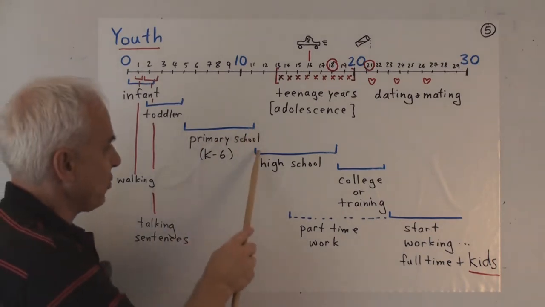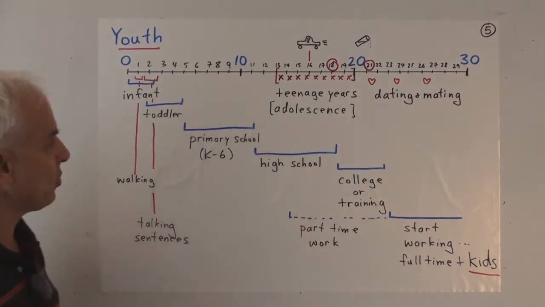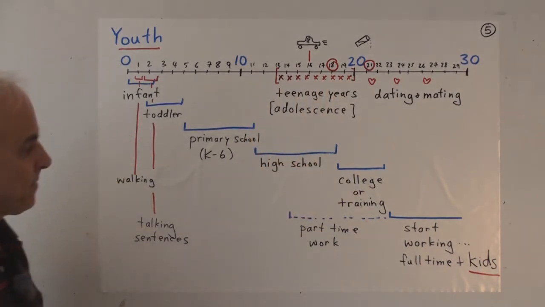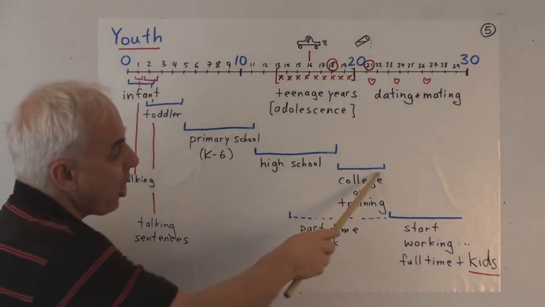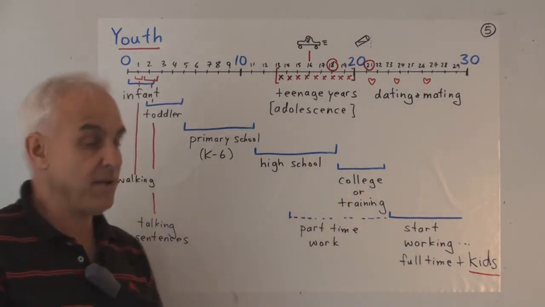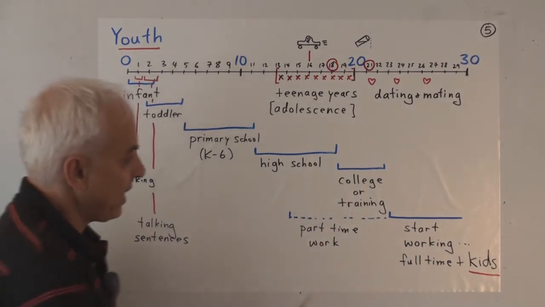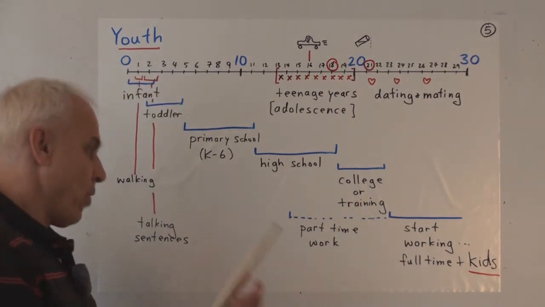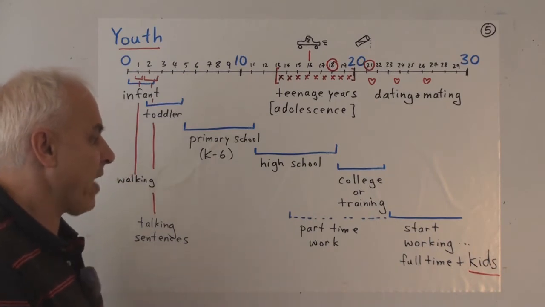And then after primary school, well, generally there's high school, maybe lasting from 11 to 12 up to the late teens. And then there's perhaps college or some kind of training. And then at some point here, it's starting to become more ambiguous depending on where you're living and the cultural background and so on.